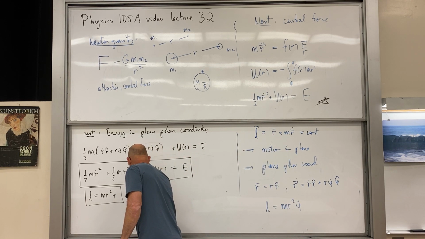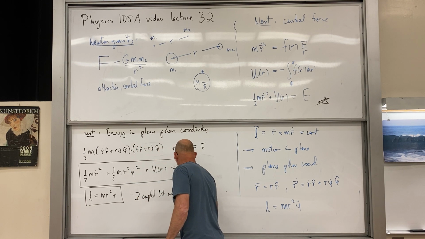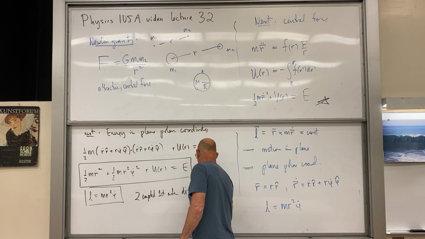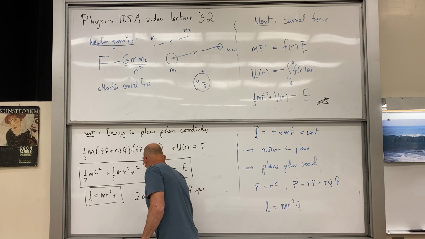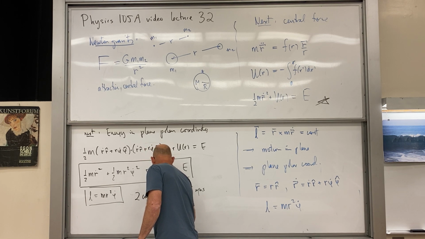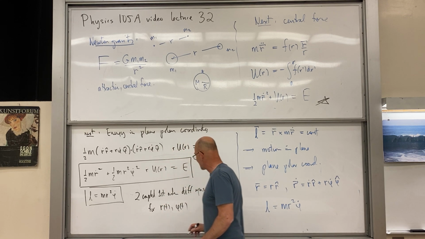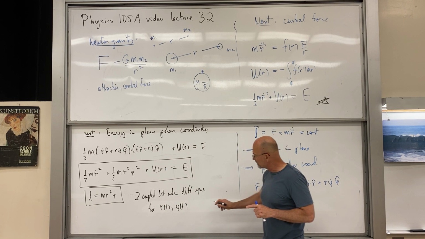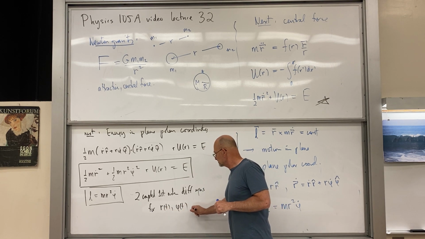We have two coupled first order differential equations, and we want to find r of t, phi of t, and in fact what we're going to look for is r as a function of phi later on.